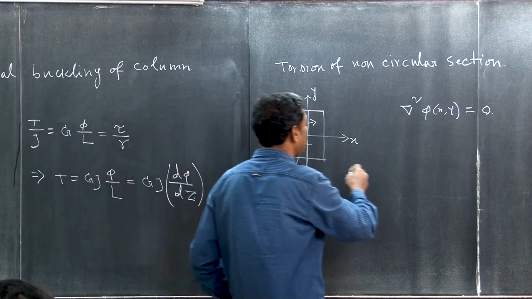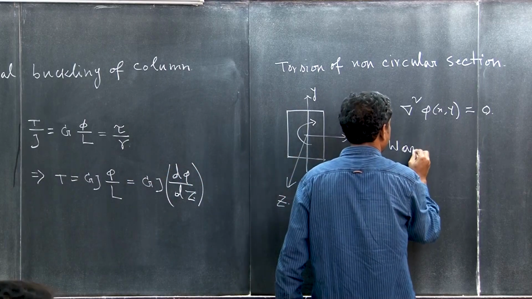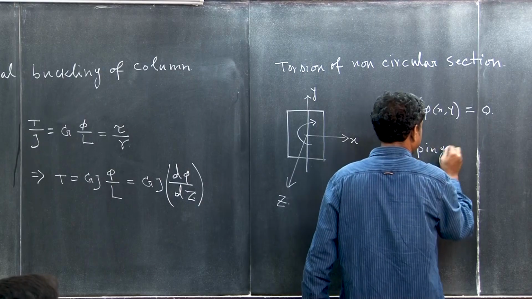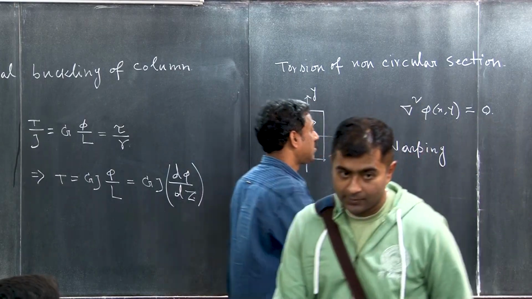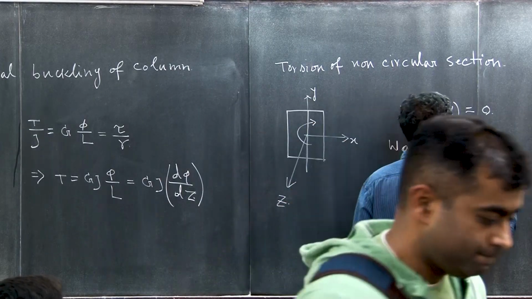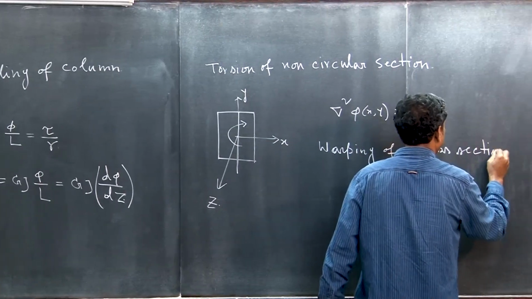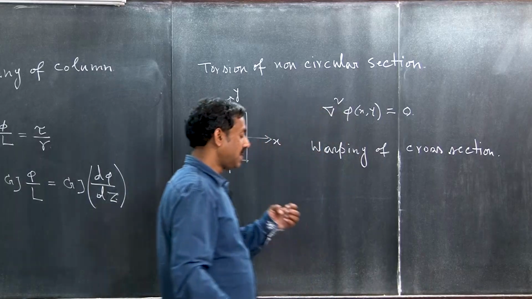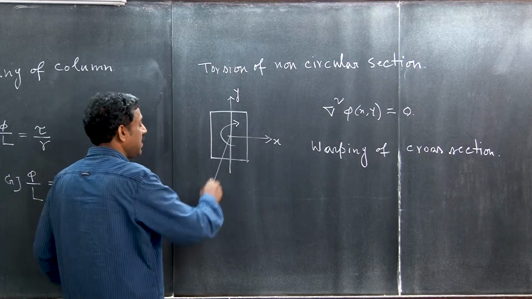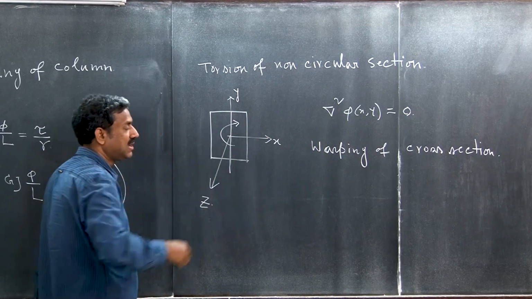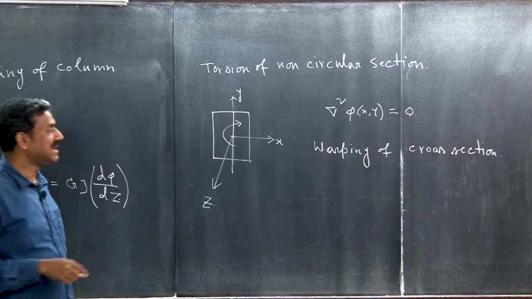This is called warping. Warping of the cross section is very important, and you have also found the warping magnitude, be it rectangular, be it elliptical, whatever.